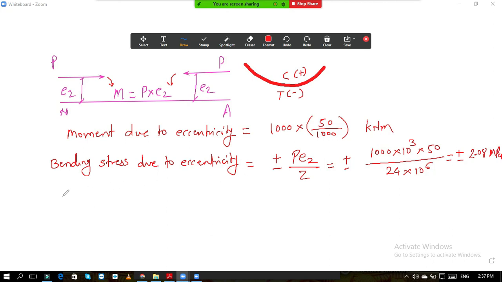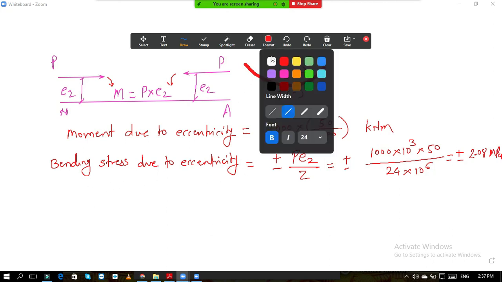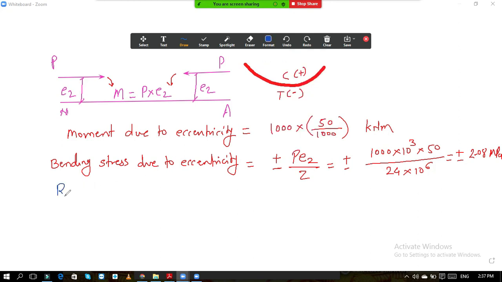Okay. So now the resultant stresses, the final point. Resultant stresses at top and bottom. Resultant stresses at midspan. I am talking about midspan, because at end span the dead load and live load moment becomes 0.